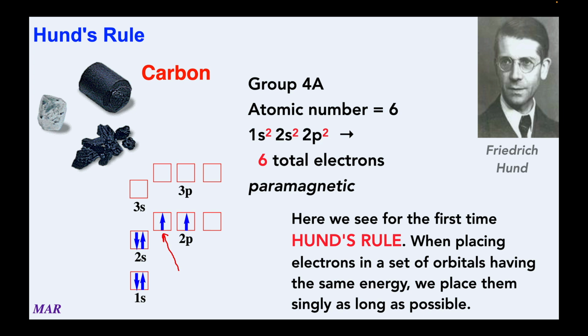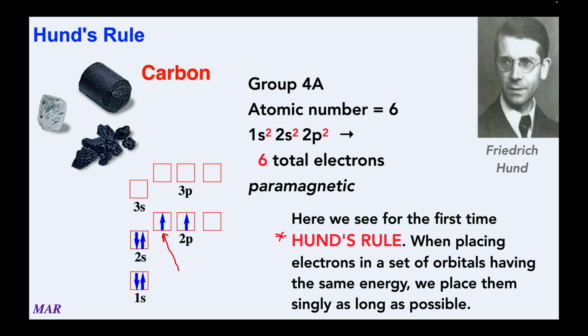But what scientists have found, what is specifically Hund found, is that you have a lower energy configuration when electrons are placed in their own orbitals first. So you never see a 1s2, 2s2, 2p2 where both electrons are in the same box.